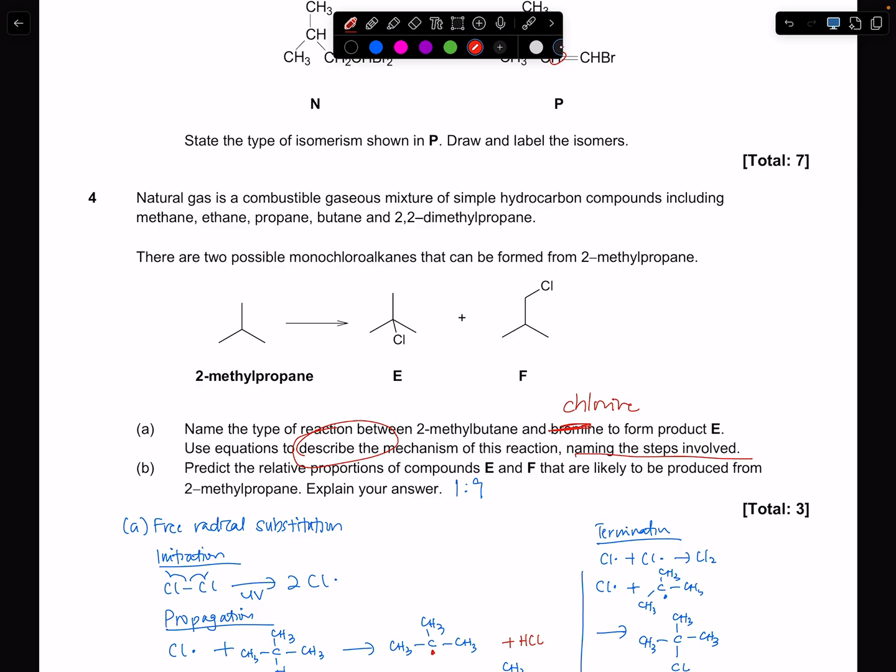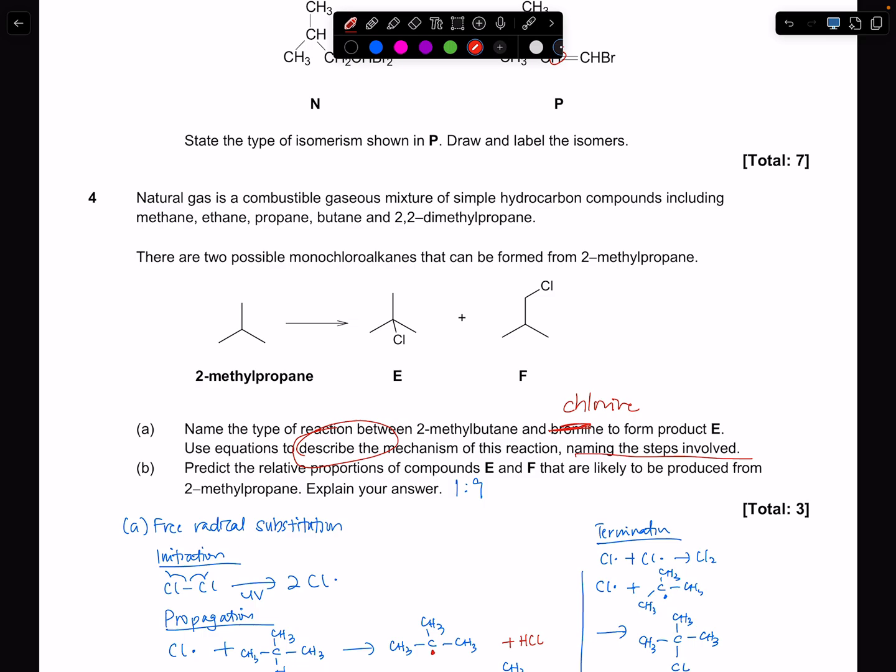Cis-trans and chiral centers. Basically, essentially last week's lesson. That's right. It's basically, let's say you have this, right?